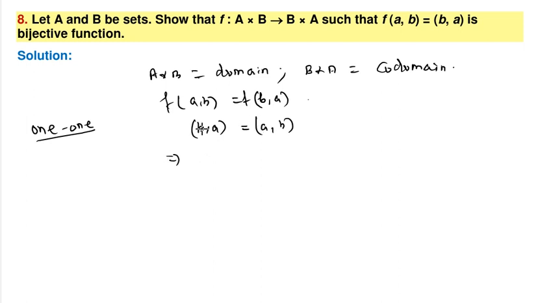This means A equal to B or B equal to A, so definitely (A, B) is equal to (B, A).